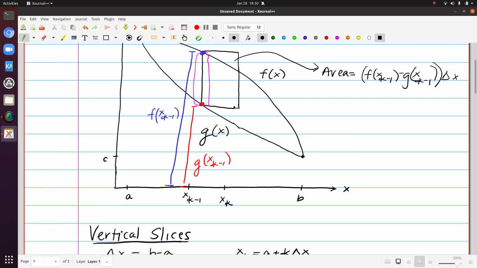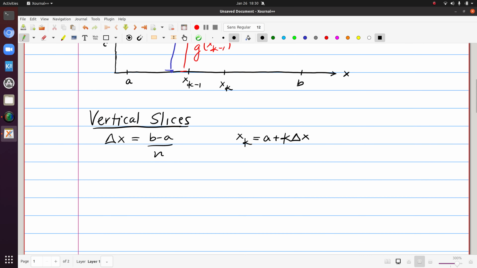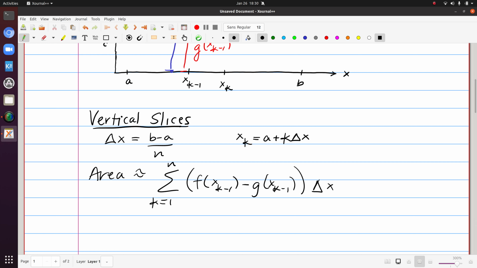Now we would do this for all of our k values, add that up, and we're going to end up with the area being approximately the sum from 1 to n, n being our number of rectangles, of the area of those rectangles. So f of x k minus 1 minus g of x k minus 1 times delta x.